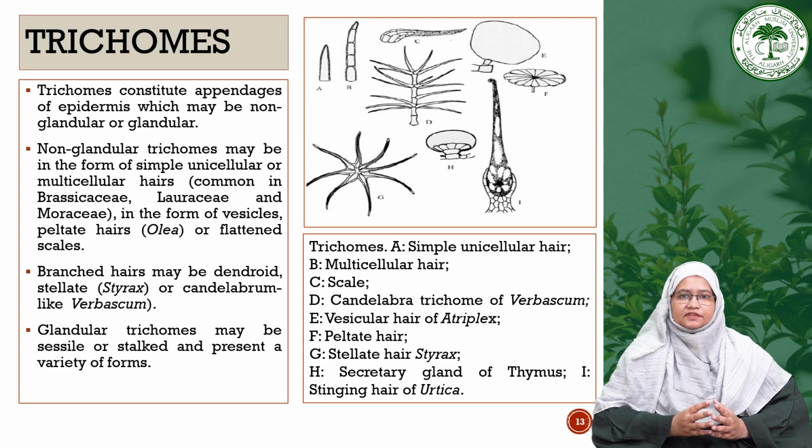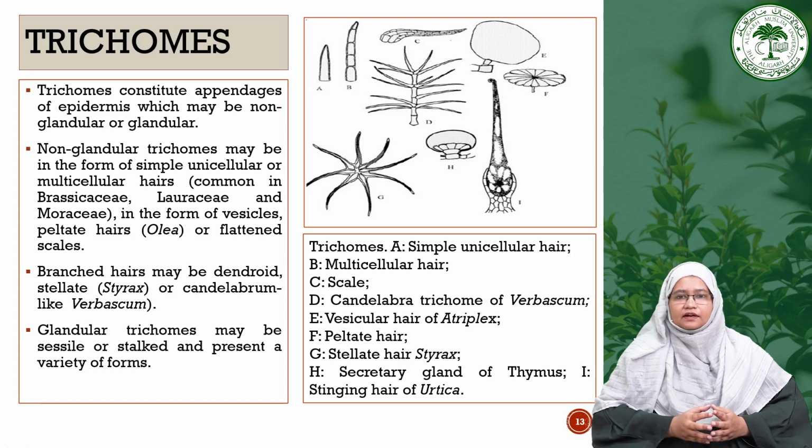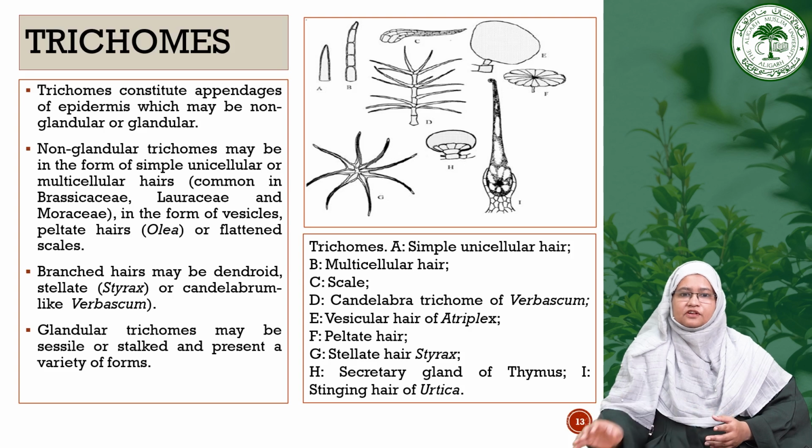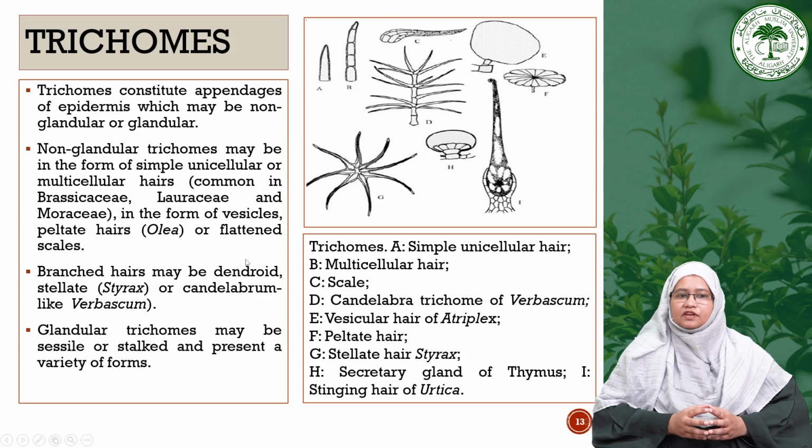Trichomes are also part of the epidermal cells; they are outgrowths of the epidermal cells. So trichomes constitute the appendages of epidermal cells, which may be non-glandular or glandular. The non-glandular may be in the form of simple unicellular cells or multicellular hairs, that are common in Vesicaceae, Lauraceae and Moraceae, and in the form of vesicles or peltate hair, as you can see in the case of Olea, or maybe flattened scales.